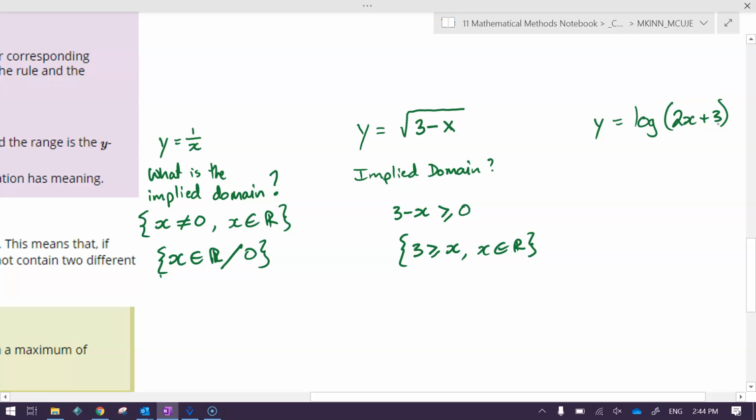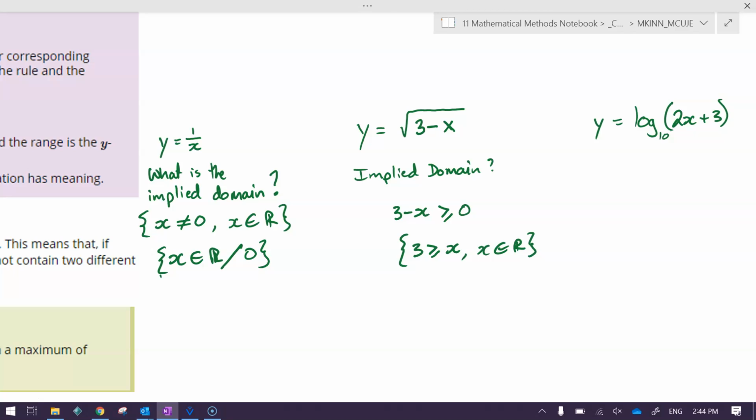For those of us who have done logarithms, when we find the log of a number, what do we know about the number? It has certain restrictions on it. I can have any base, I'll put it base 10. What do I know about the 2x plus 3? If this is going to be able to have a value, what do I know about 2x plus 3? Try it on your calculators if you've forgotten.